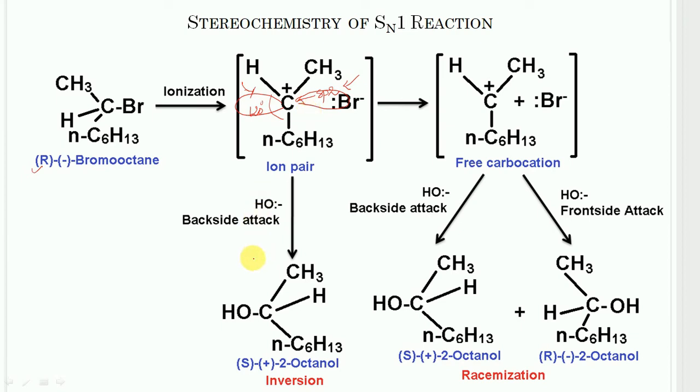However, in this case, complete racemization is usually not observed. What is actually observed is that racemization occurs with some inversion of the product, which means the inversion product exceeds the retention product, and this may be explained as follows: initially the ionization does not give the free carbocation.